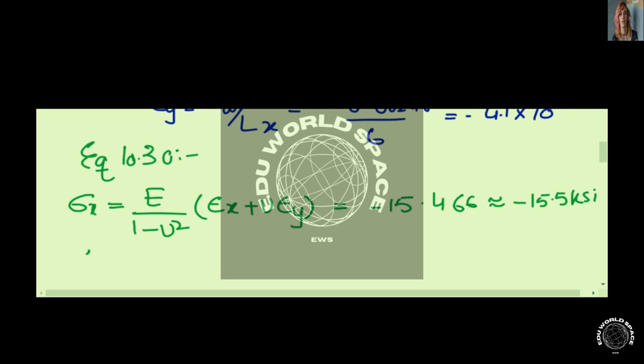Then we need to find out the stress in the y direction, right? So that is equal to E divided by 1 minus the square of nu, right? And over here we have the strain in the y direction plus nu times the strain in the x direction, right?